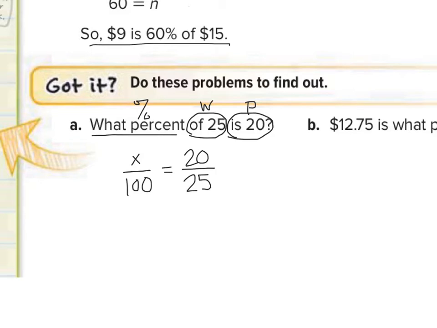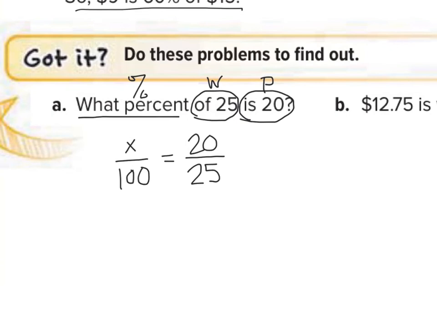Now, before I do that, let me tell you about a shortcut. Anytime that you can see a clear relationship between either the numerators or the denominators, it is possible that you do not have to do the cross multiplying to figure out what the missing value is in the proportion.